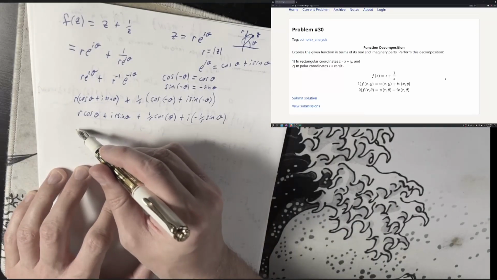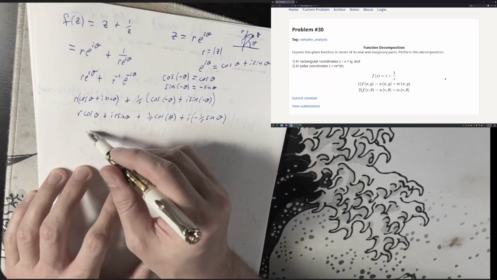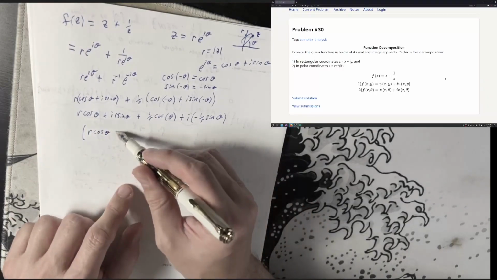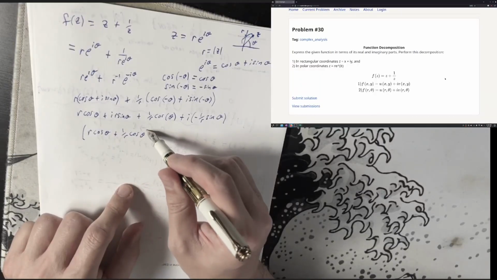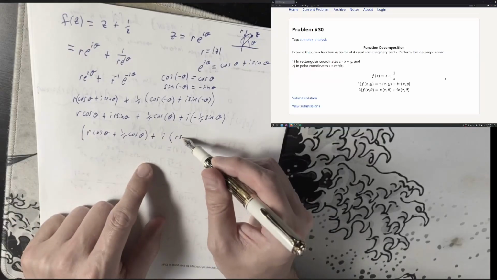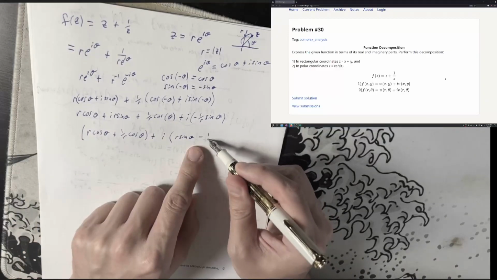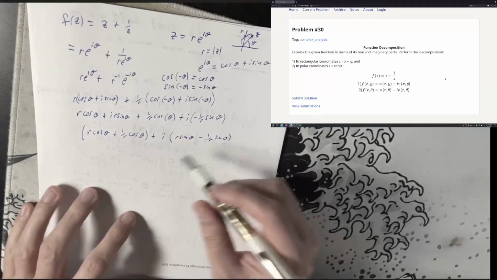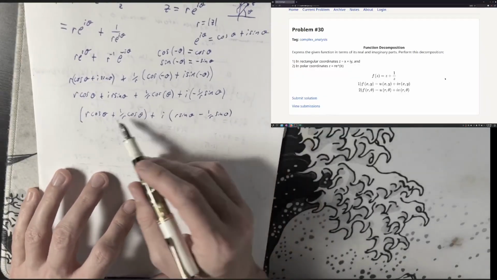So the whole point was to write this as 2 functions. Here's the function that doesn't depend on i, and then here's a function that does, so we should be able to factor the i out and get r sine minus 1 over r sine. And you can see why I wanted to factor that out, because now you can just see the dependence. It only depends on cosine of theta.